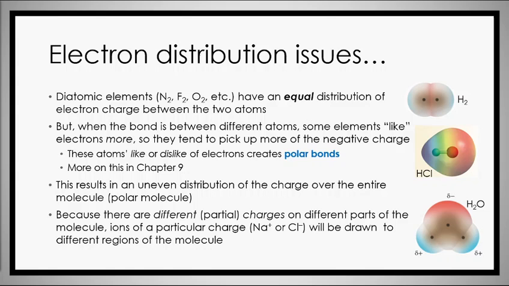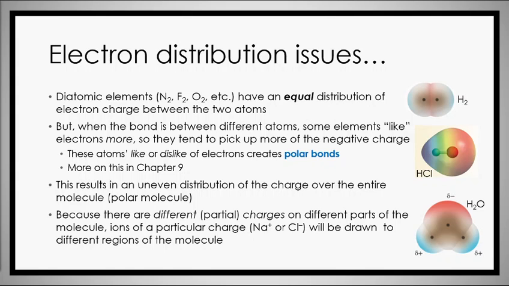Whenever I say exactly the same, I mean they have the same atomic size, same electronegativity, and they form the same type of bonds. In this situation, everything is equal between those two atoms.